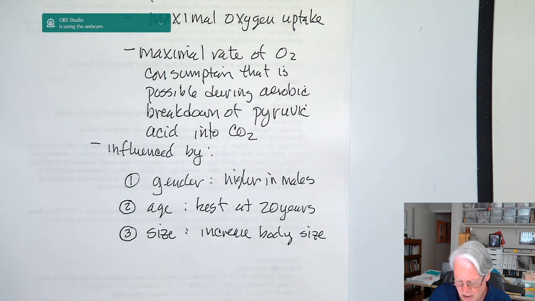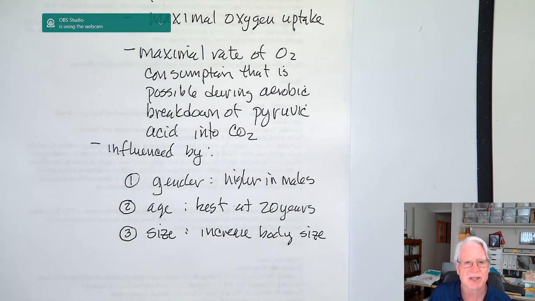Okay, so maximum oxygen uptake is a way of measuring your system's ability to use oxygen to generate energy. When you train, when you run, that improves. Okay. If you're a couch potato, not so much. Okay.